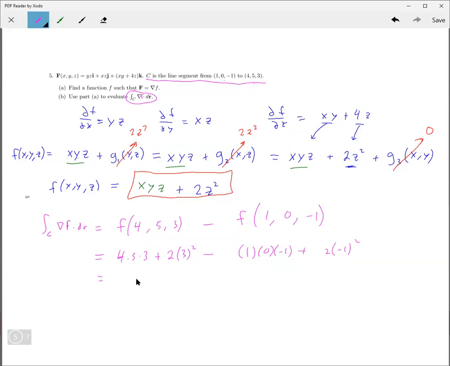Okay, so I believe this is 78 minus 2. Okay, so 76.